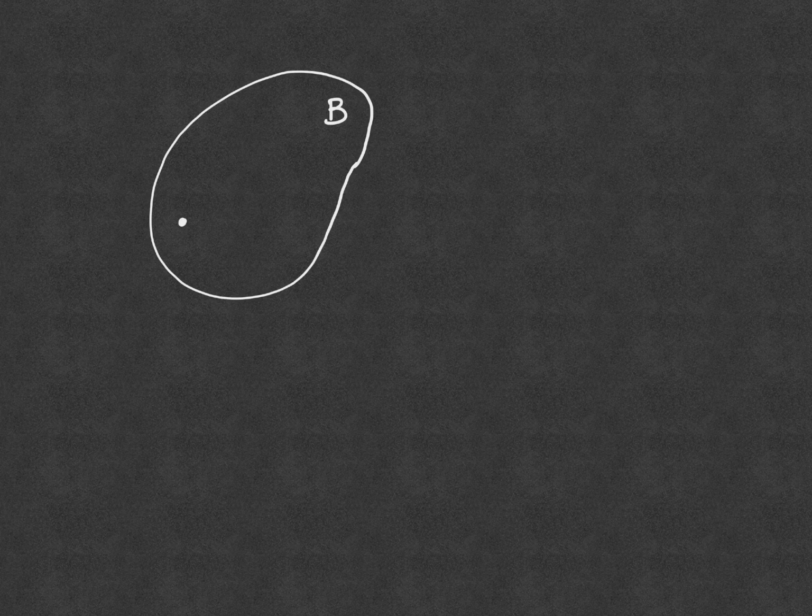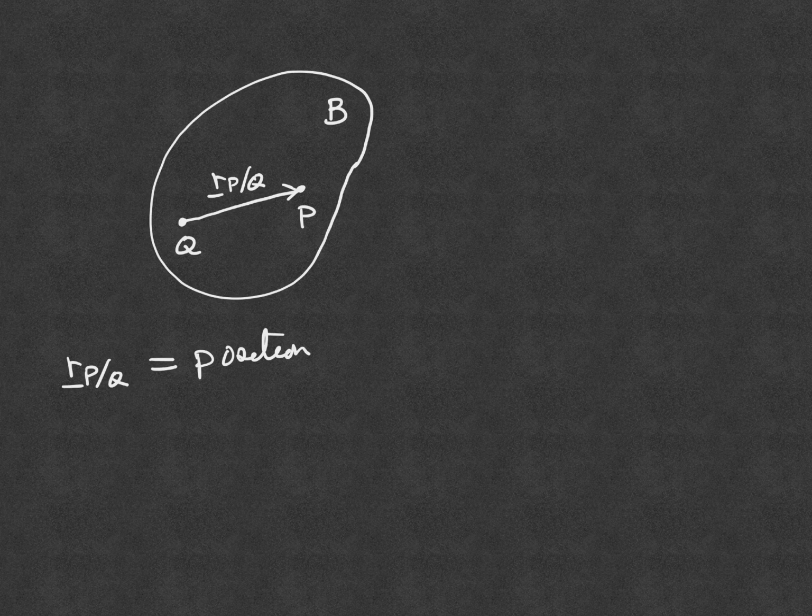I'm going to call those points Q and P. Now there's a vector that connects Q to P, and that's the position of P relative to Q. So the position of P relative to Q is denoted r P/Q.